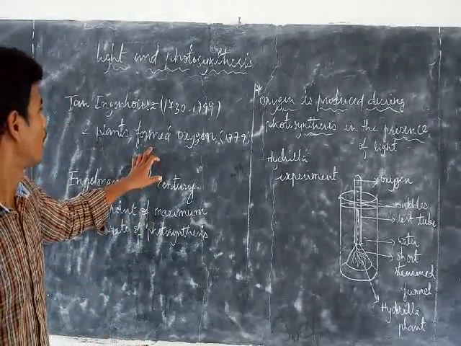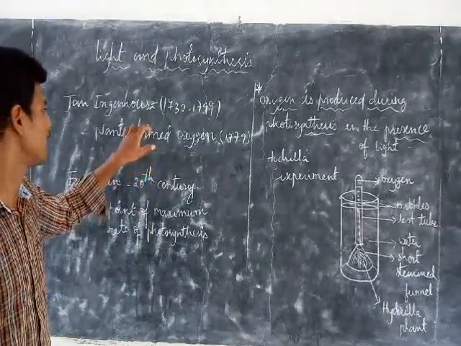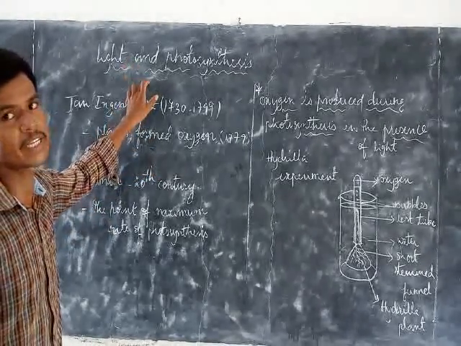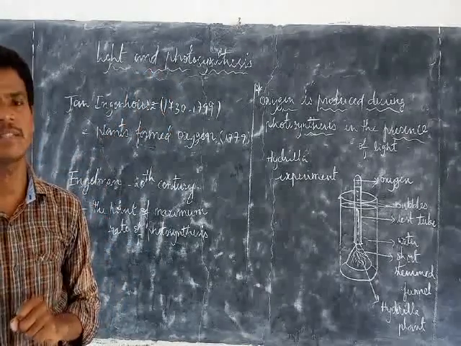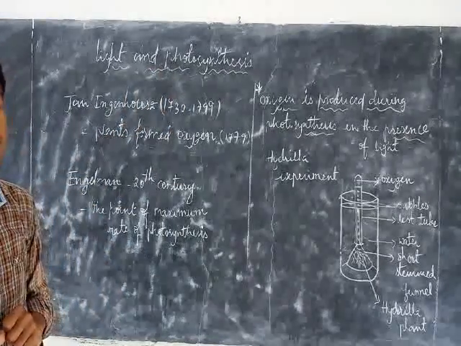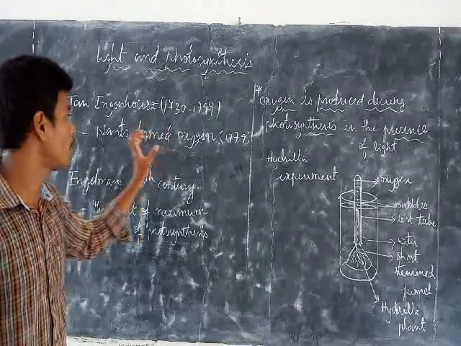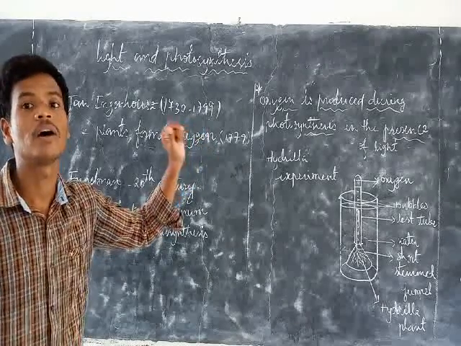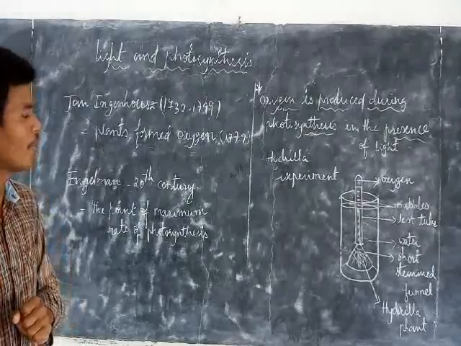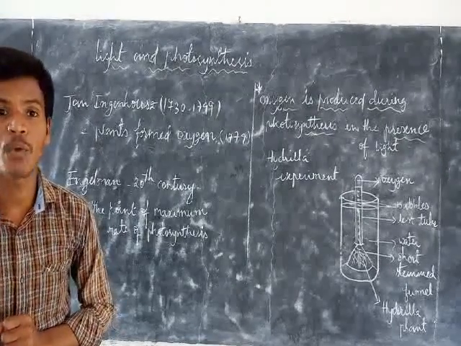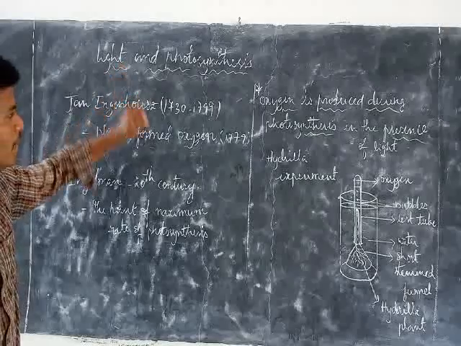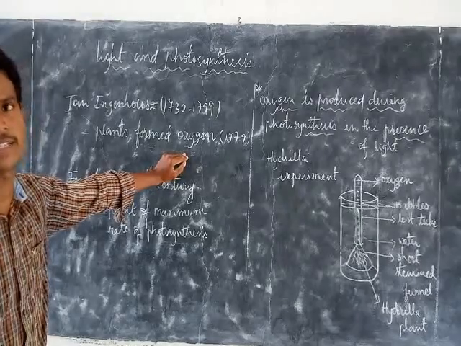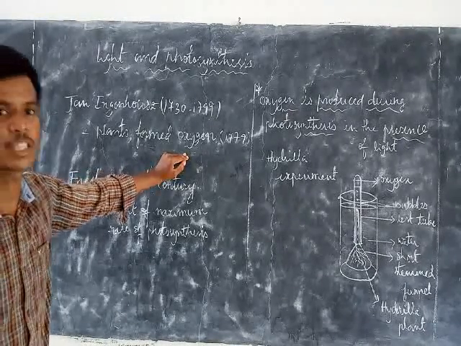He studied the role of light in the process of photosynthesis. In his experimentation, he noticed the formation of oxygen in the presence of sunlight. Here the main factor is sunlight. He could prove by his experiment that sunlight is a necessary factor for the process of photosynthesis.